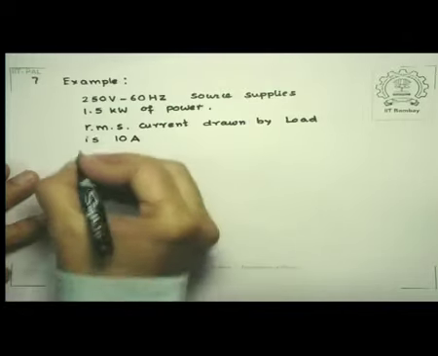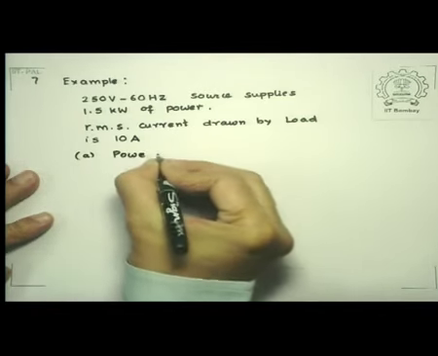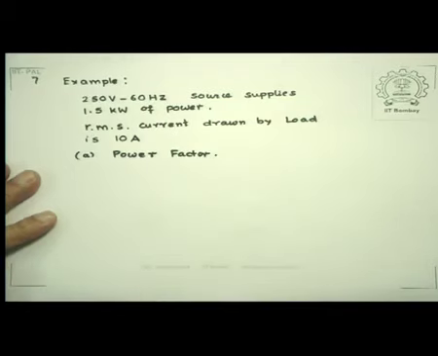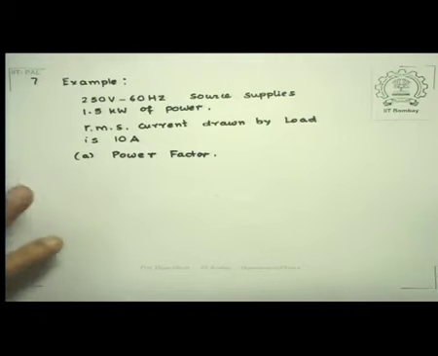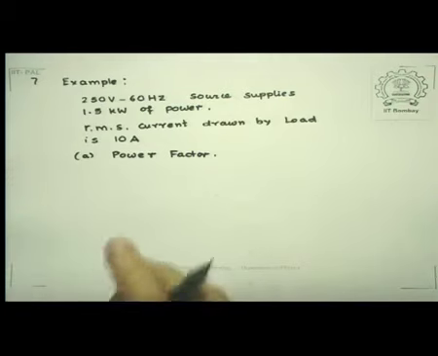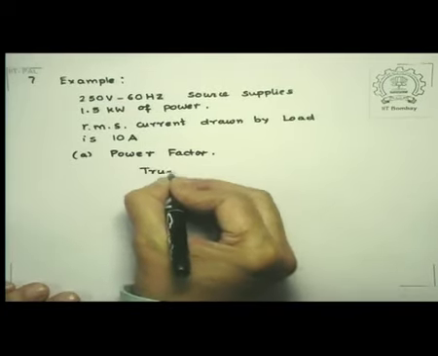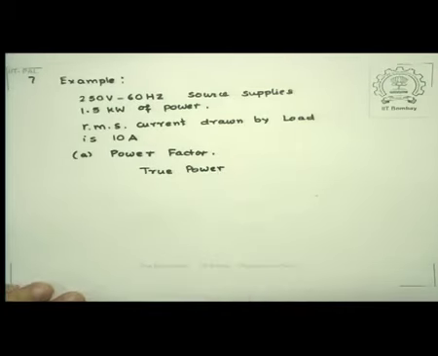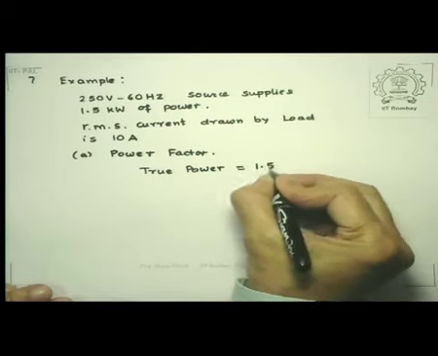So first thing that I want to calculate is the power factor. So notice one thing, that we have been given that the true power, which is, as I said, the amount of power supplied by the source, is equal to 1.5 kilowatts.